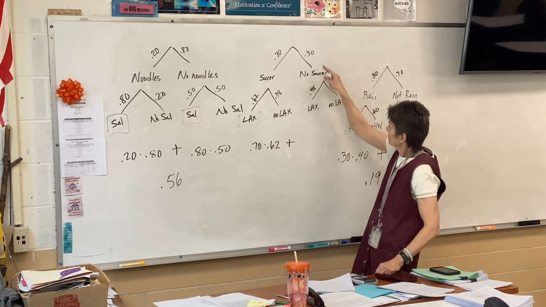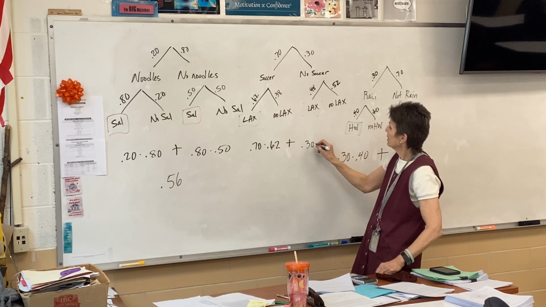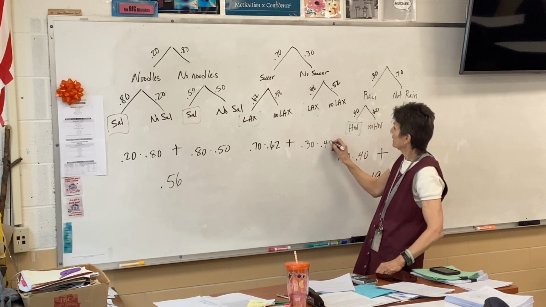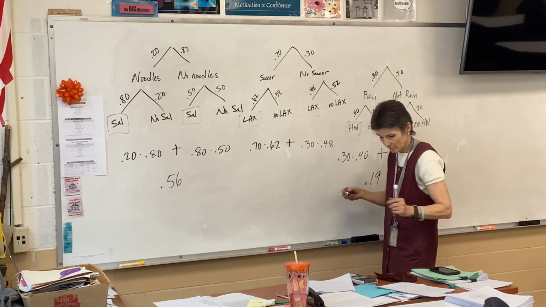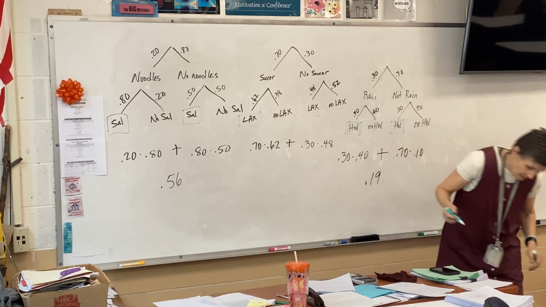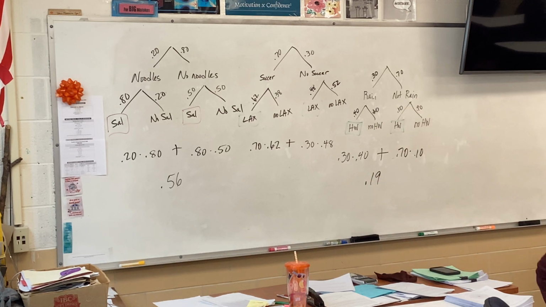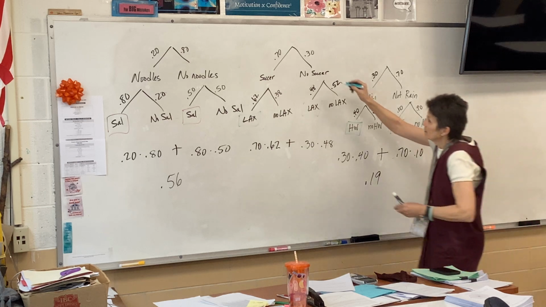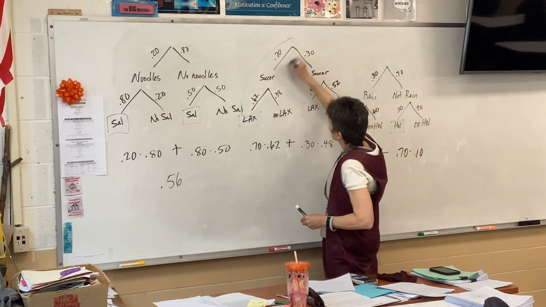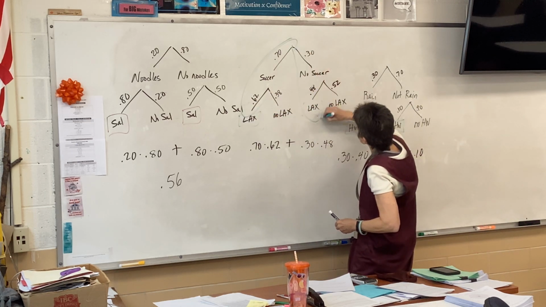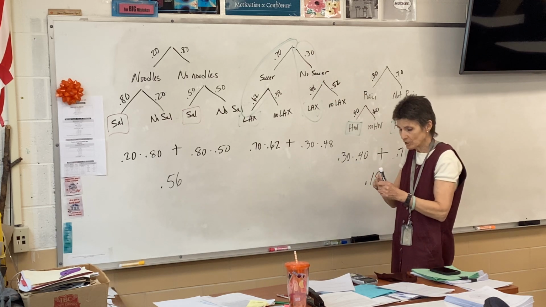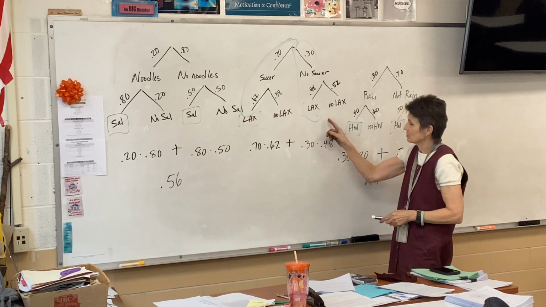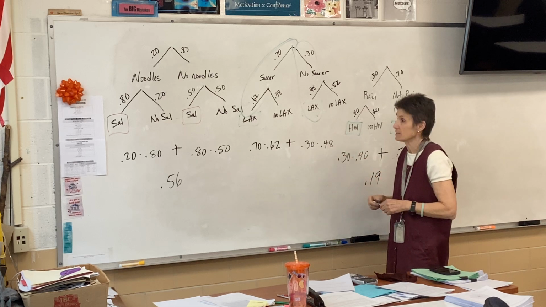or 0.30 times 0.48. So we're coming down this branch of the tree diagram right here, or this branch of the tree diagram right here. Those are the branches that are leading us to playing lacrosse.